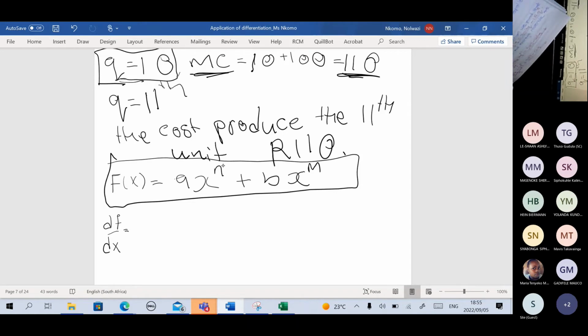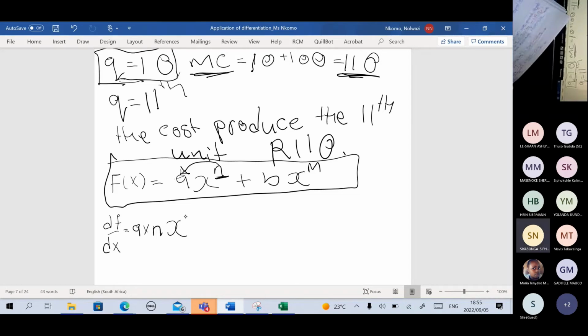Again, you take the power and you multiply by a coefficient. So this means we have a times n and x to the power, you subtract 1 from the power, right?